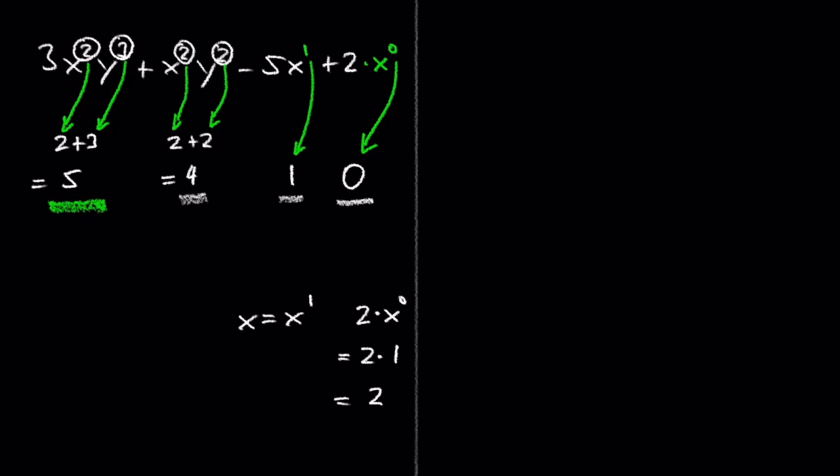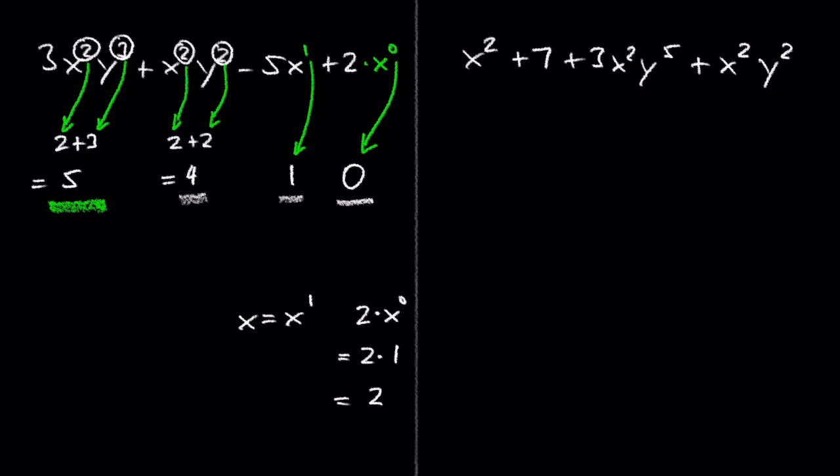Be careful when the terms are not arranged in descending order, like in our next example. x squared plus 7 plus 3x squared y to the fifth plus x squared y squared. Before getting confused, it is best to arrange the terms in descending order.